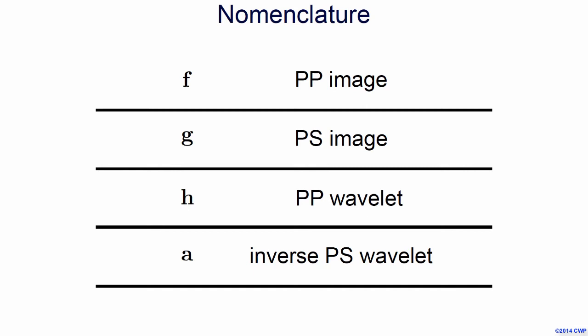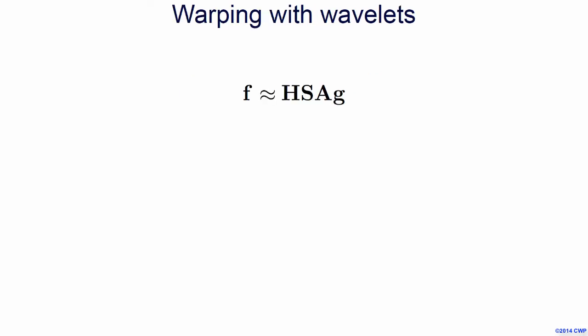Now, in this case, there's no reason to believe that the PP and the PS wavelets are the same, meaning that h and a are no longer inverses of one another. So what does this mean? Well, as we did before, we estimated our wavelets by starting with the warping with wavelets algorithm.